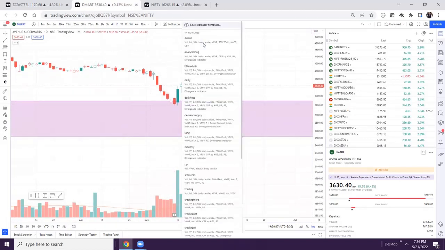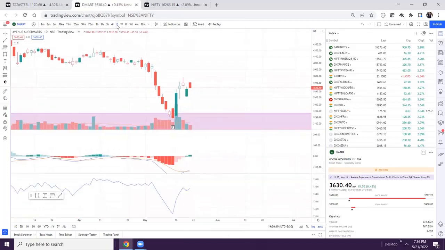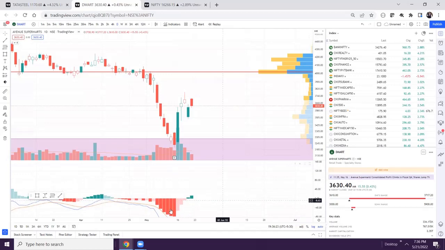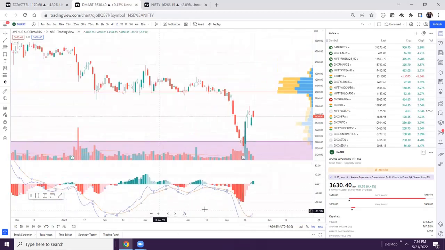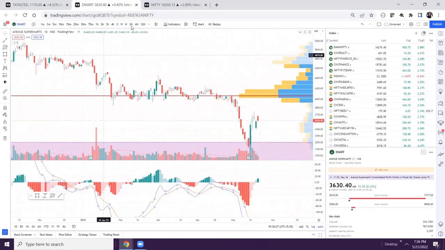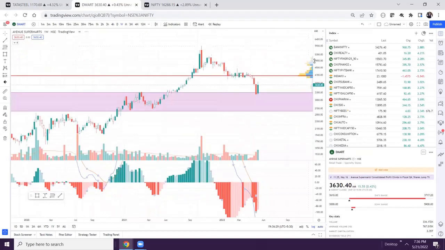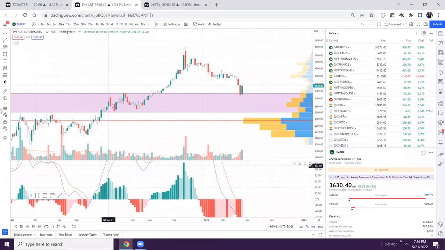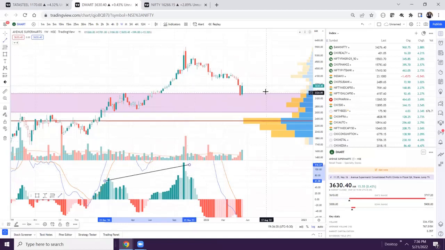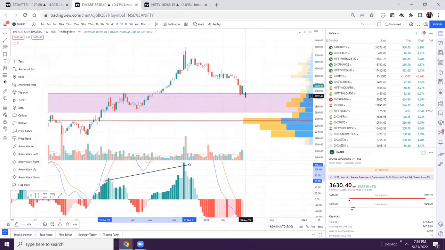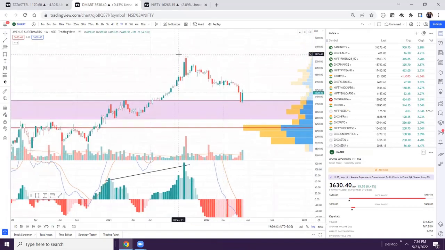Let me go to the 30-minute chart. Using Elliott, what is your prediction for this? Let us go to that only. See this, there is no divergence and this is falling, right? So there is a good chance that this will again go up and break this top.